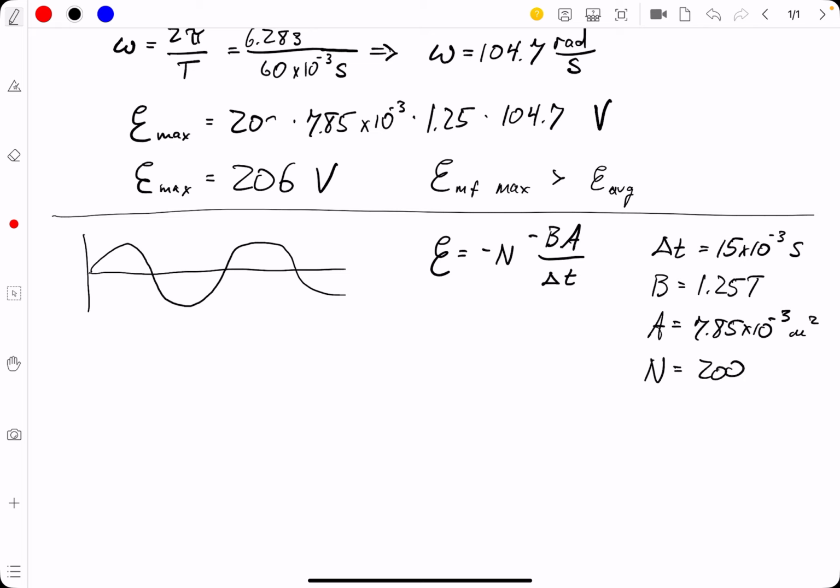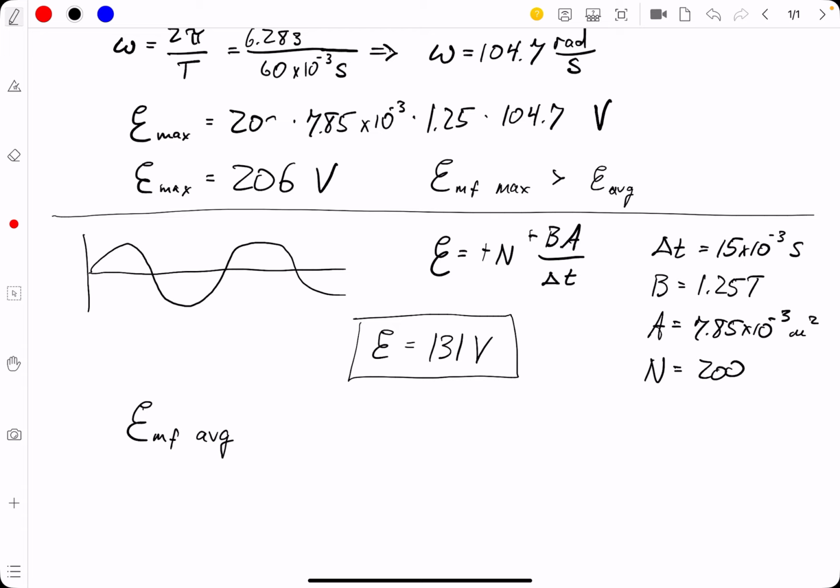So when we did that, we ended up with our EMF is equal to, this cancels with this, we plug all those numbers in, and it ends up being 131 volts. This 131 volts is our EMF average.